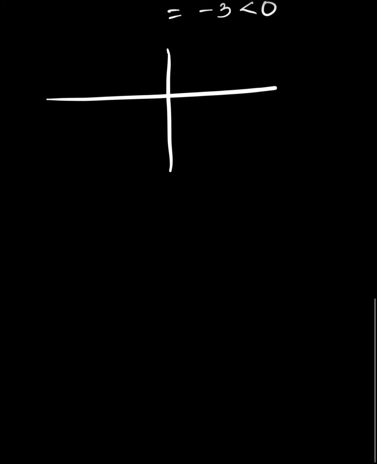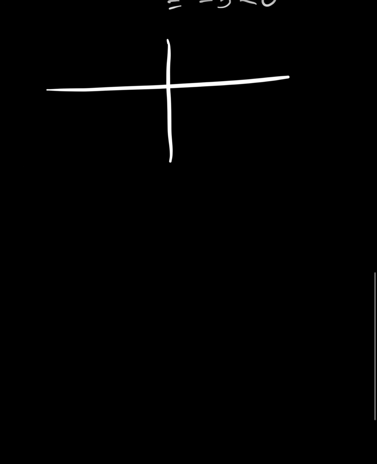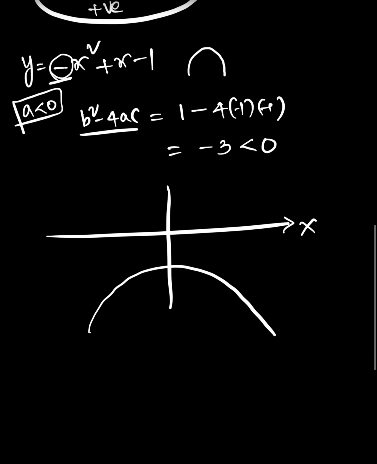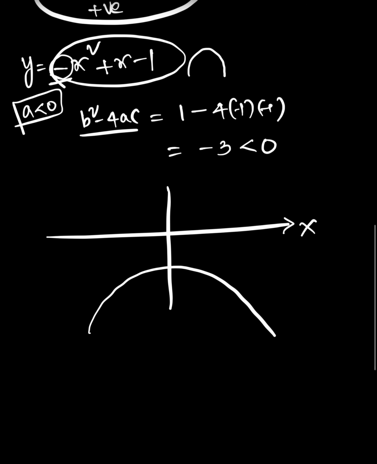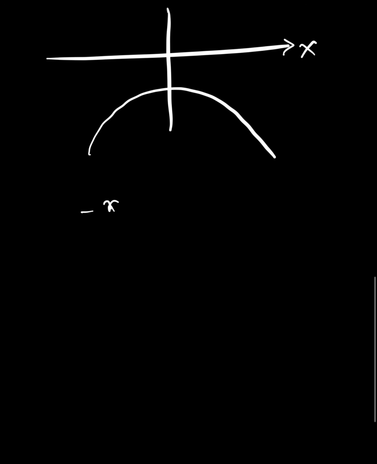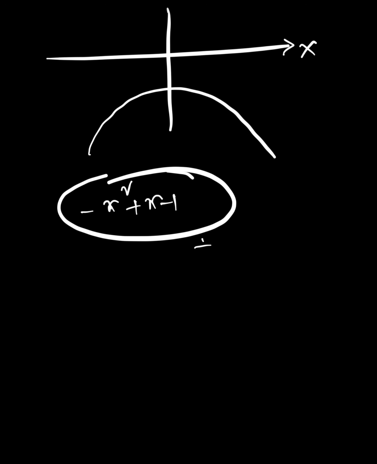Since a is less than 0 and the discriminant is also less than 0, in the graphical approach the curve lies completely below the x-axis, which means it is completely negative. So minus x square plus x minus 1 is completely negative.